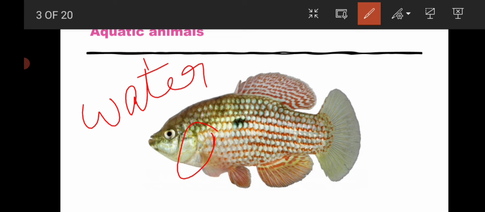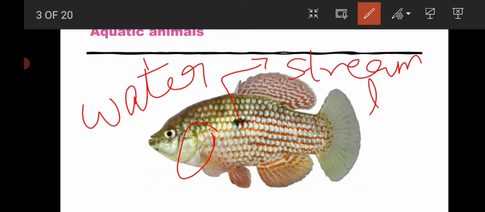This fish has some other features to live in water. What are they? We can see. See over the body, the fish's streamlined body. You can see lines over the body. So these fishes are considered to have streamlined bodies.